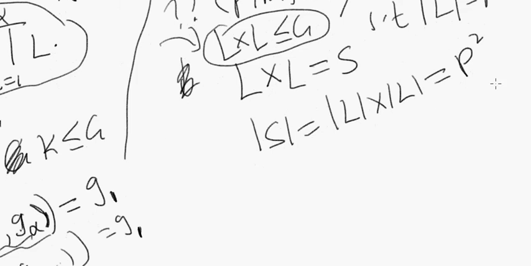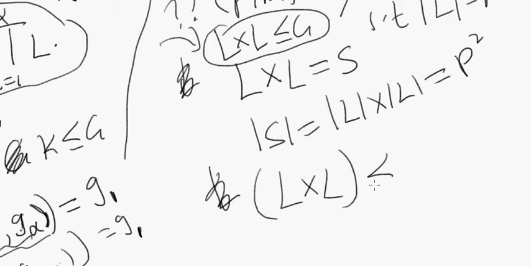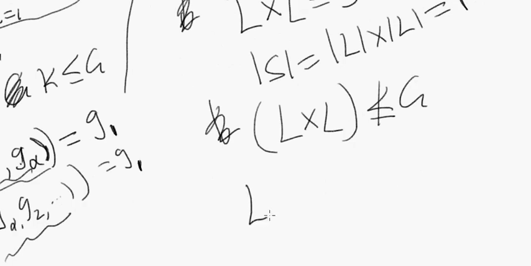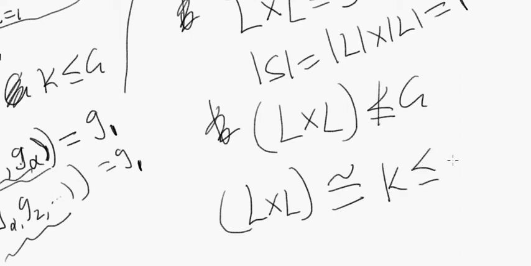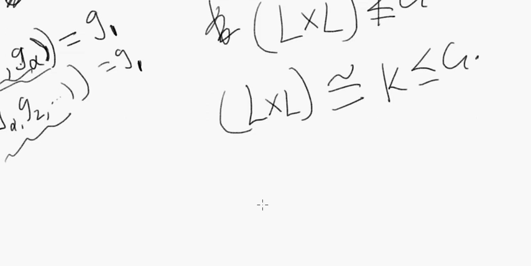But perhaps if L cross L is not a subgroup directly of G, perhaps L cross L may be isomorphic to a subgroup K of G. Okay? But this still begs the question, what's the isomorphism?